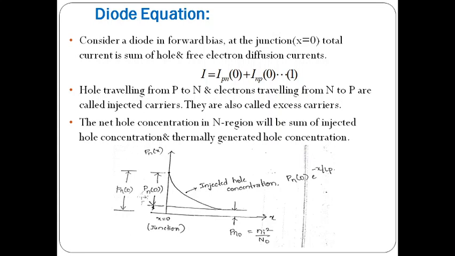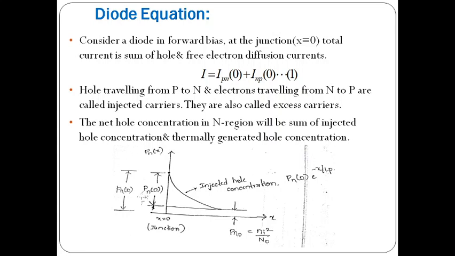Along with it we have the thermally generated hole concentration, represented with the small p suffix n naught.